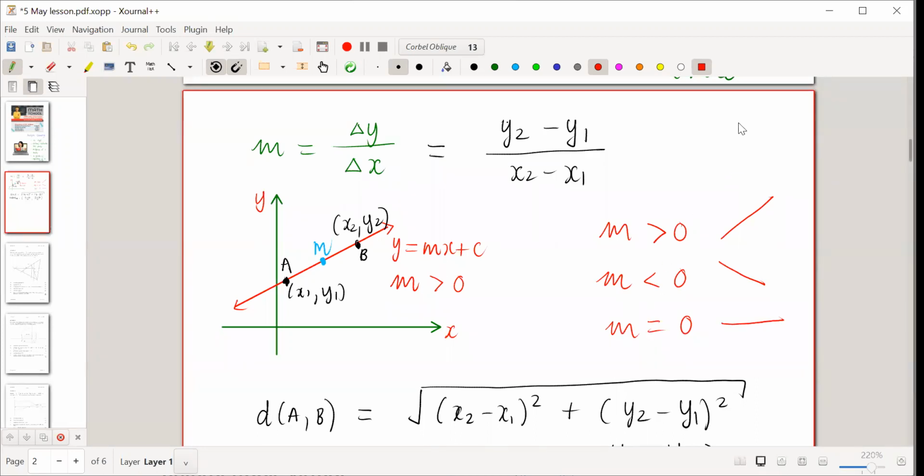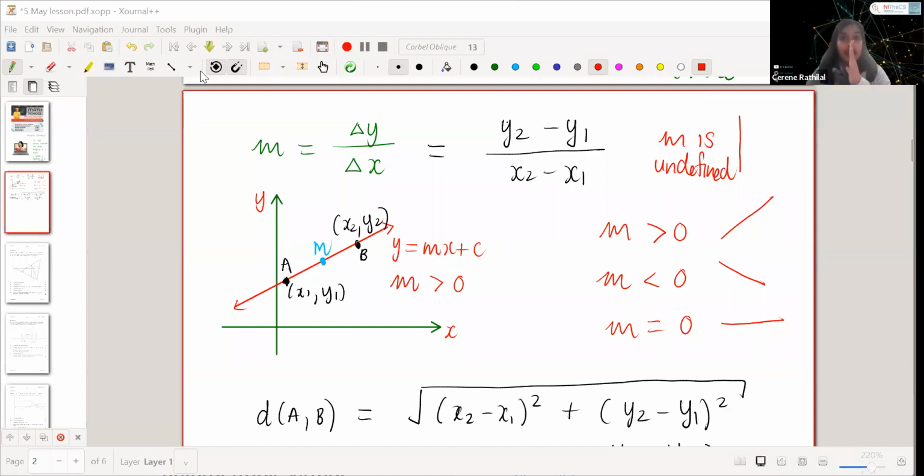Okay, remember, if the line is vertical, then the gradient is undefined. Can anybody tell me why? I'm just stating some properties in here. Why do you think that the gradient of a vertical line is undefined?